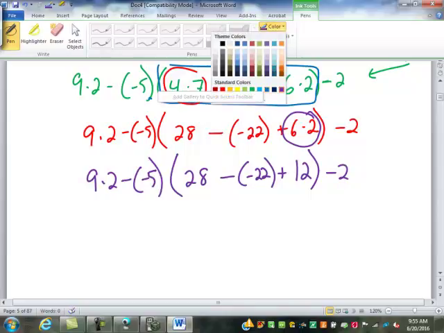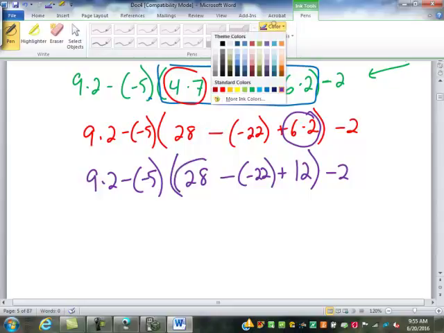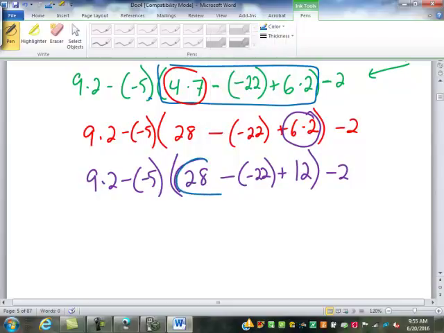Then what? It's all addition and subtraction, right? Perfect. We have the 28 minus a negative 22, which becomes 28 plus a positive 22, which is 50.